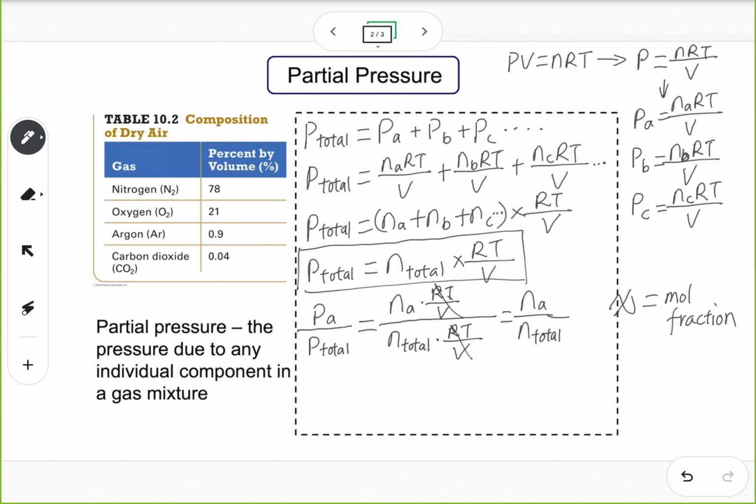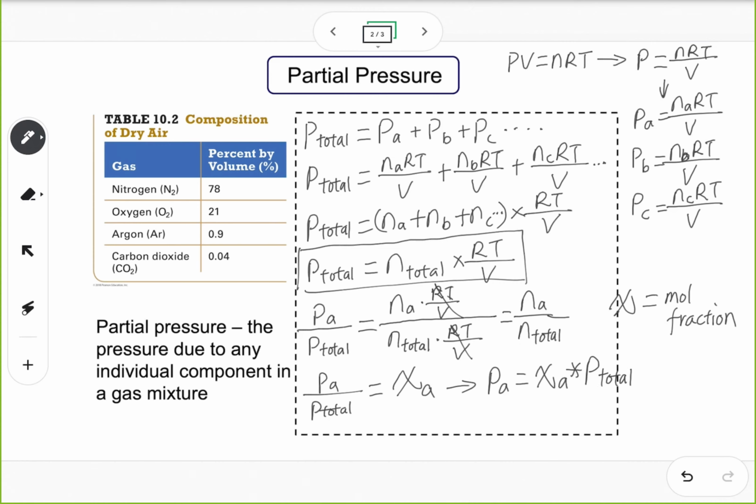Okay, in other words, NA over N total, that is chi. So that tells us PA over P total equals chi A. If you are talking about the mole fraction of A, then that would be chi A. Of course, if you're talking about NB over N total, that's going to be chi B. But if you reorganize this equation, you will find that the partial pressure of gas component A would be the mole fraction of A, chi A, times the P total.